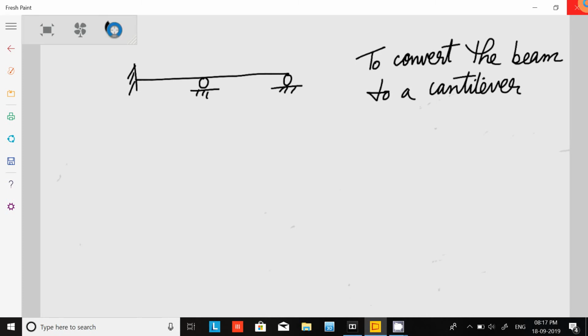So how will we convert it to a cantilever? Suppose this is the cantilever. So we have to use this formula.